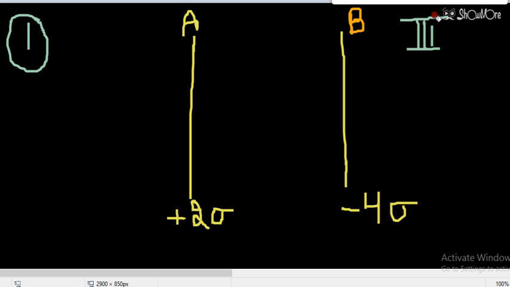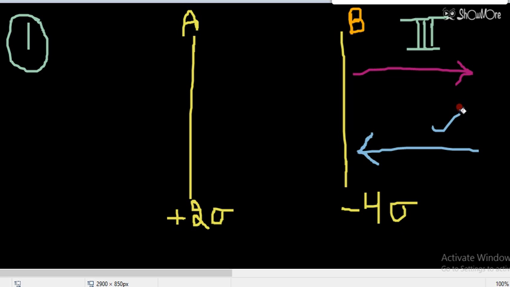So this is region number 3. In this region, due to sheet A, the direction of electric field will be away in this direction, and the direction of electric field due to sheet B will be along this direction. So which one is greater?